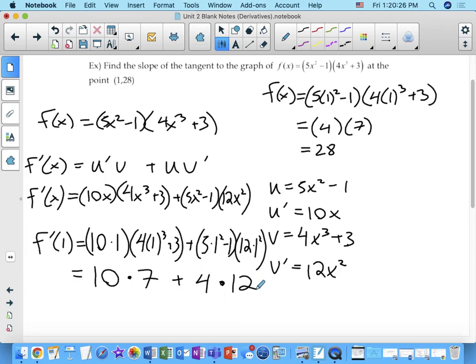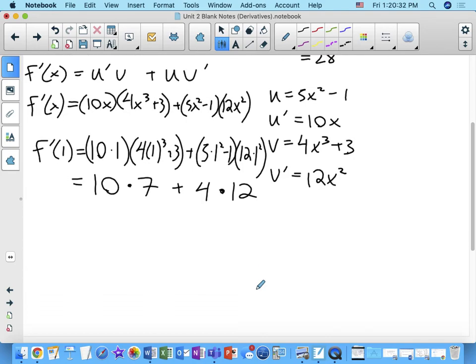It's no problem to expand and simplify and then plug in 1 at the end, but you don't always need to. And actually, some people make mistakes in that expansion process, and then their answer at the end of the day is wrong. And if they had just plugged in a 1 right initially, then they may not have gotten the wrong answer, right?